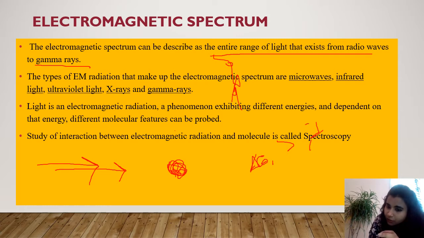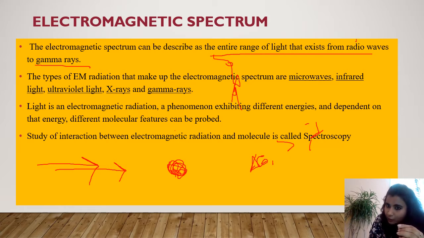Absorption means some samples have a tendency to absorb the incident light. Emission means some samples, after absorbing light, have electrons that move to an excited state. After some time, when they return to their own orbitals, they release certain energy.